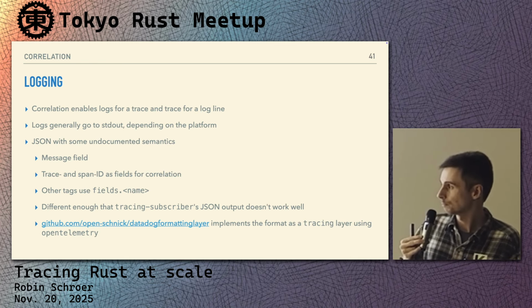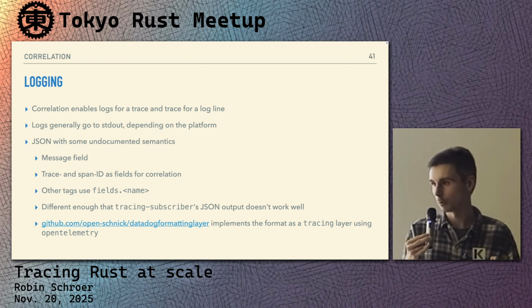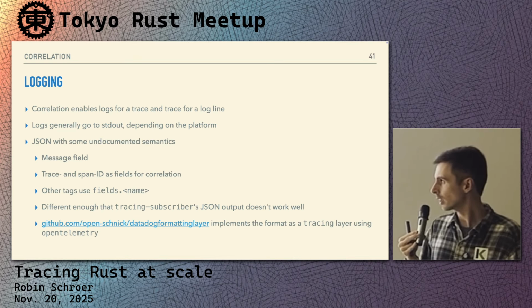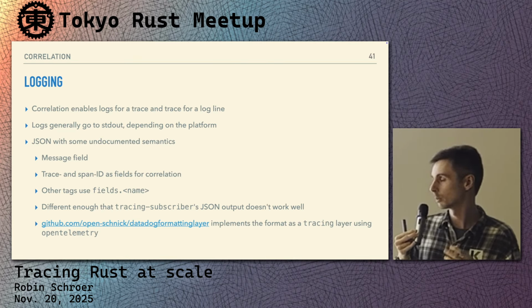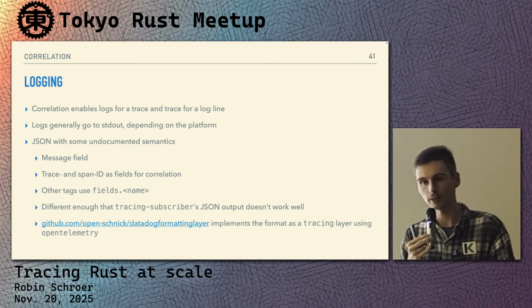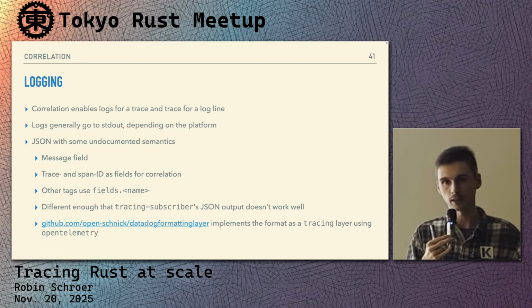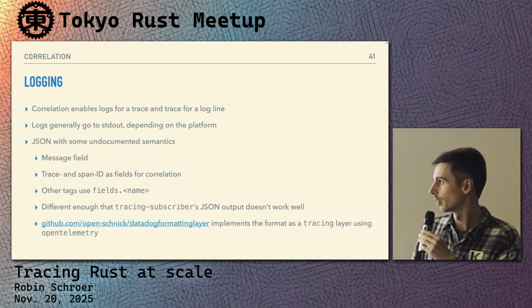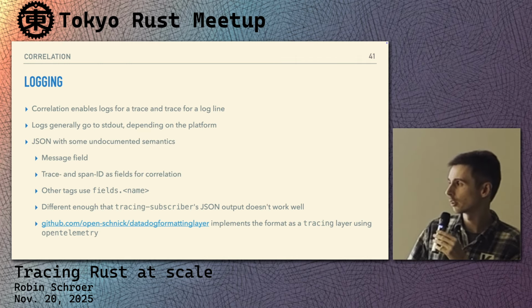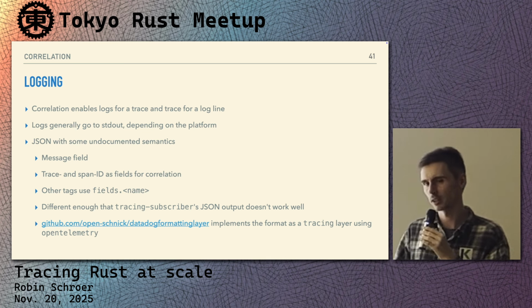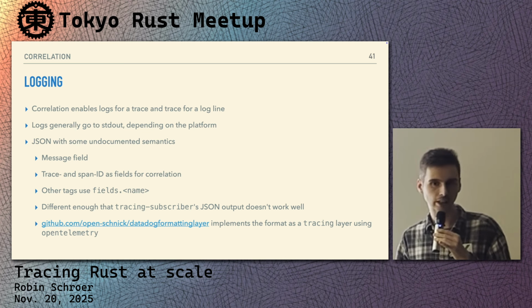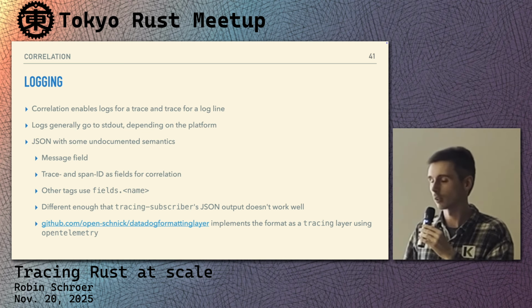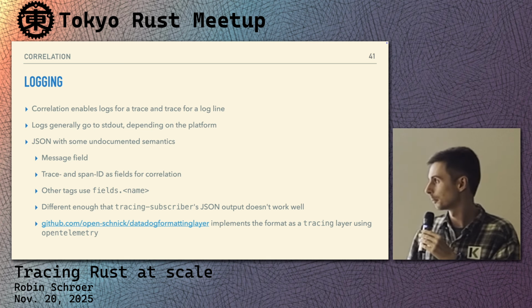The first one's logging. It's probably the most popular, and everyone has logs. If you want to be able to see the logs for a specific trace, or the other way around, you have a log line and you want to find the trace for it, you tag the log in the correct way, Datadog does it automatically, and you can just look at it. Generally in Datadog, you log to standard out, depending on the platform, and there's a JSON format that they also haven't really documented.